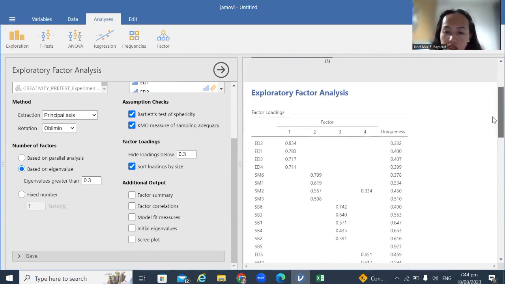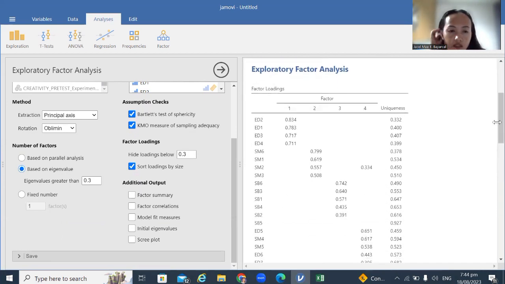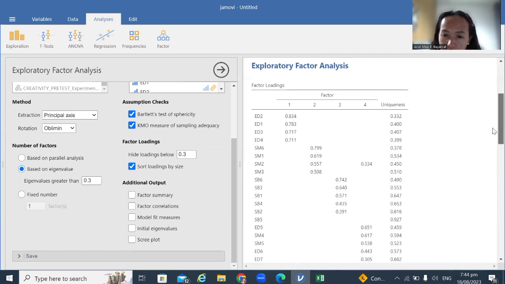So in here, since our cutoff value is 0.3, our factor loadings that are less than 0.3 are already eliminated. As you can see, our data is 0.33 and above.